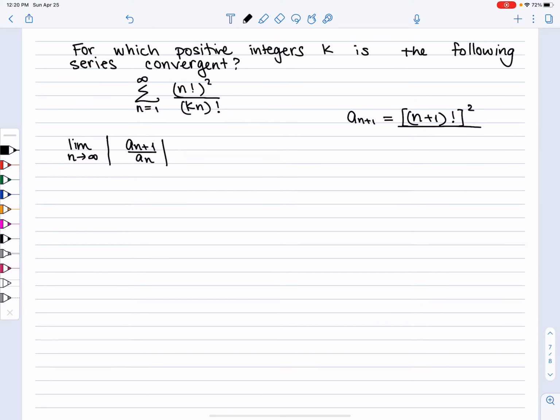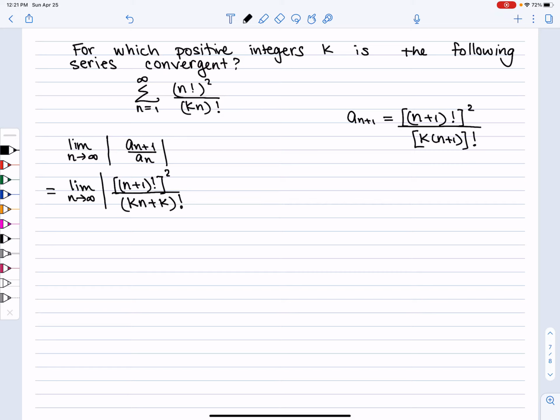We're going to have the limit as n is approaching infinity of n plus 1 factorial to the second power over, I'm going to put kn plus k factorial.